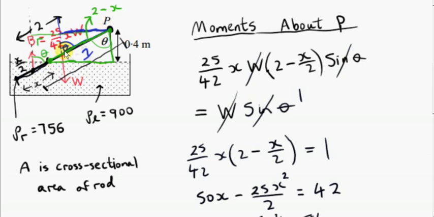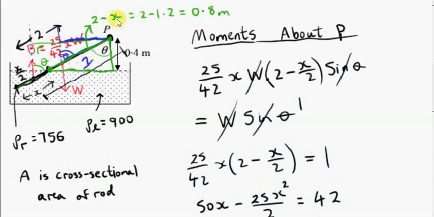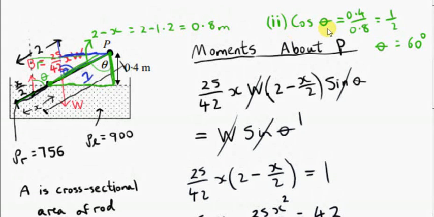The hypotenuse is just the length of the rod, which is 2, minus this distance, which is x. We've just worked out x. x is 1.2, so the hypotenuse is 2 minus 1.2 or 0.8 meters. So we use the fact that the cos of theta is the side adjacent to theta, 0.4, divided by the hypotenuse, 0.8. So the answer to part 2 is inverse cos of a half, or 60 degrees.